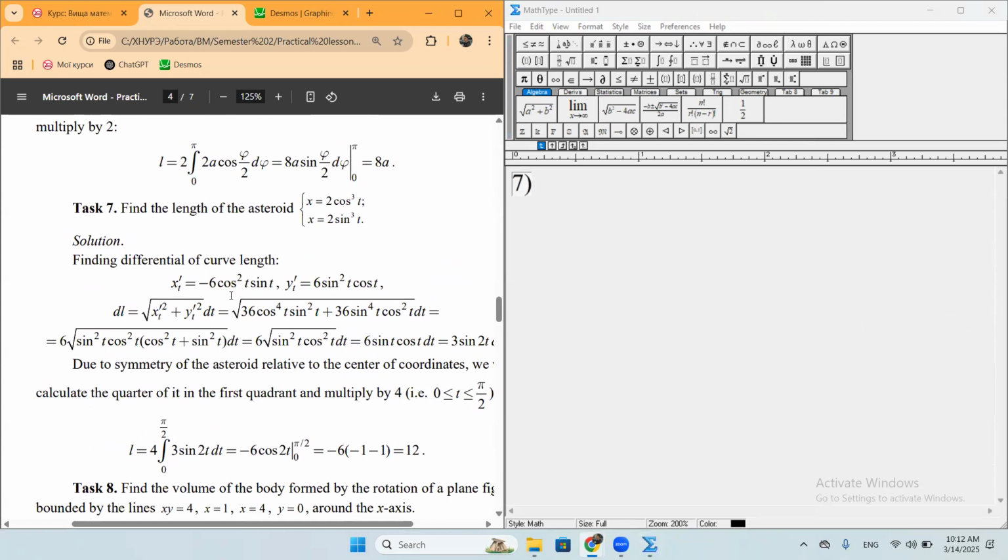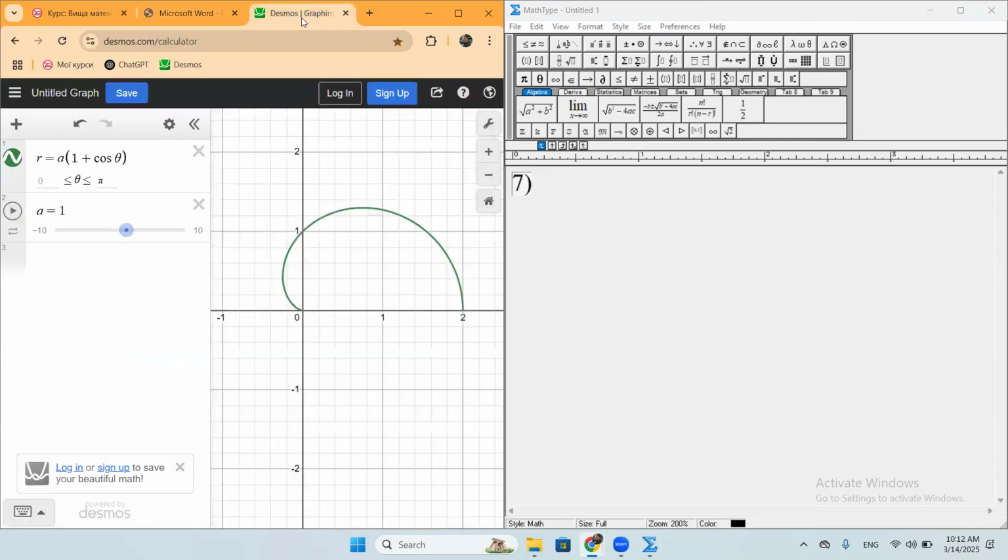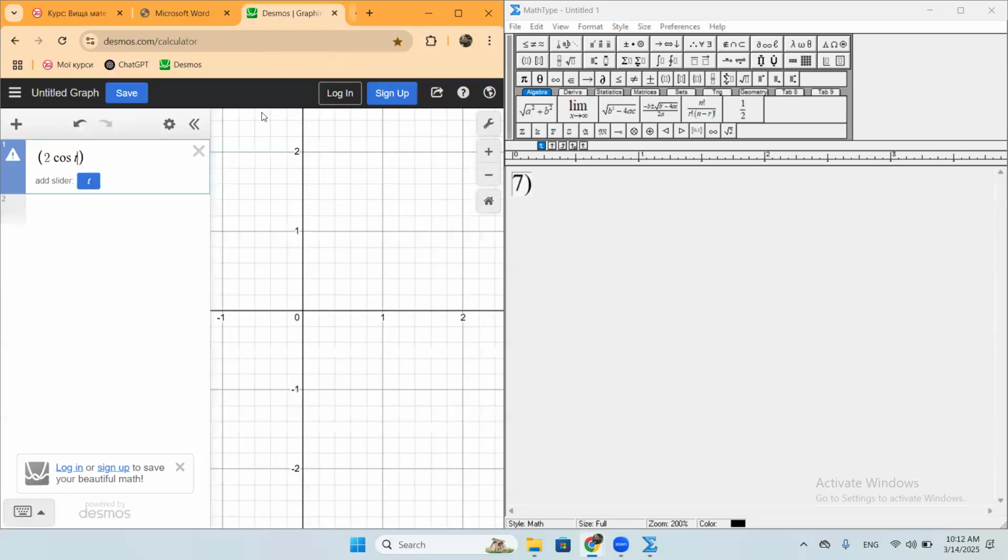So task number 7, we have to find the length of the astroid. It is the following curve. So which coefficients do we have? 2 cosine of t to the power 3 and 2 sine of t to the power 3.